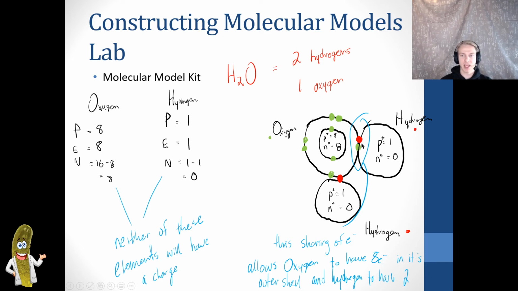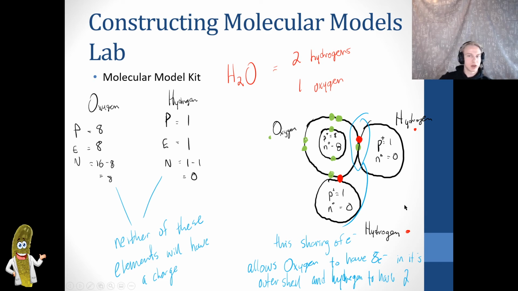Hydrogen is saying temporarily you can act like you own this electron, and that'll give you 1, 2, 3, 4, 5, 6, 7, 8 electrons in this outer orbital. And oxygen's saying the same thing to hydrogen. It's saying you can borrow this lime green electron here so that it looks to you like you have 2 electrons in your outer shell, which would mean that this first shell would be full.